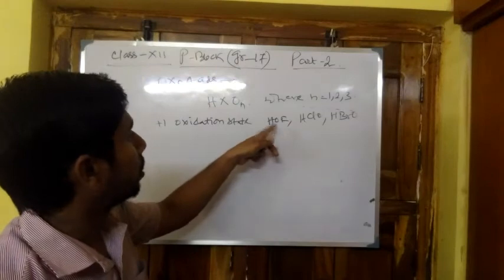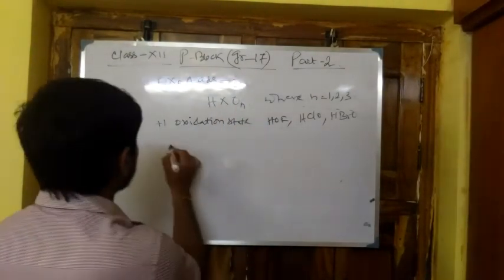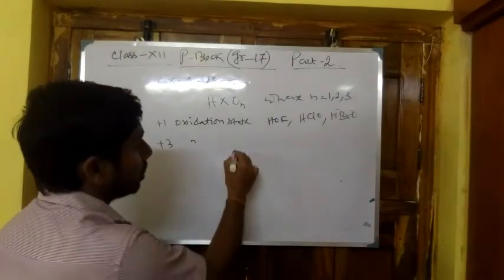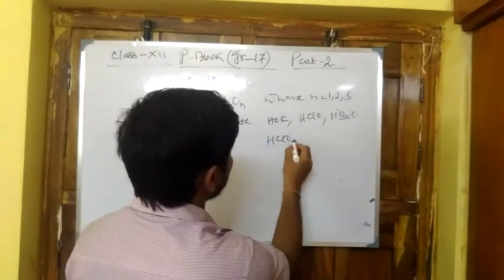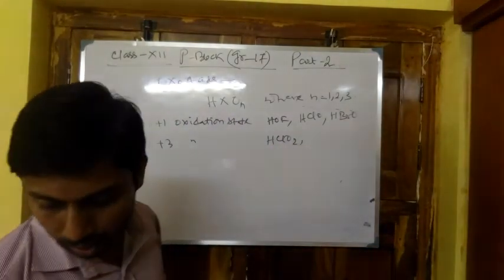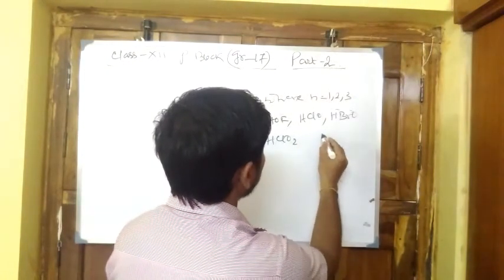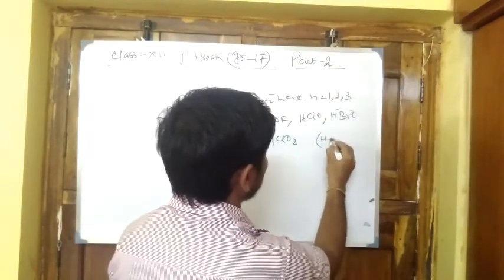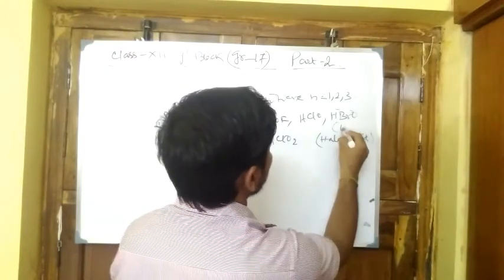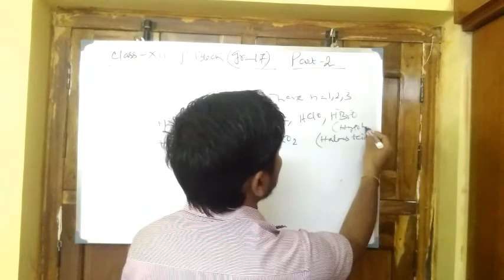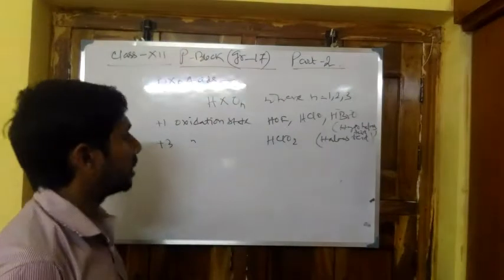Next one, in +3 oxidation state, the example is HClO2. This is known as halous acid. HClO is known as hypohalous acid.